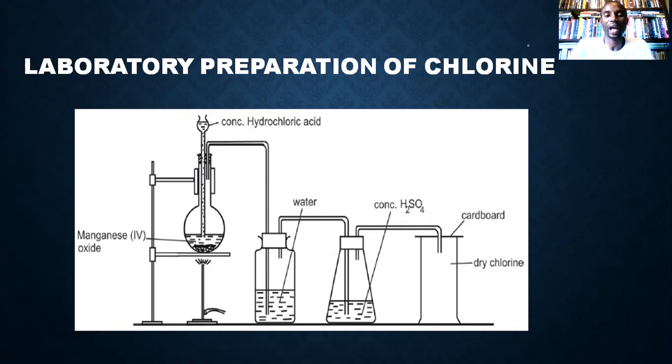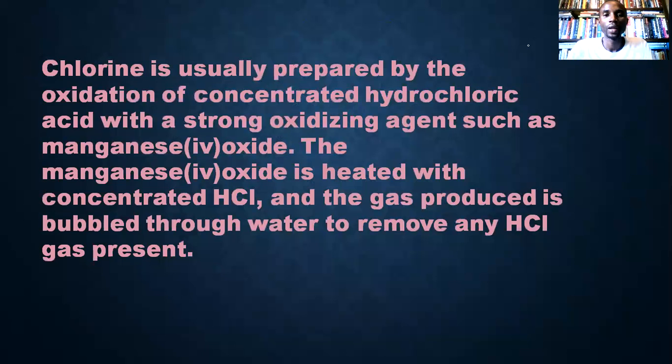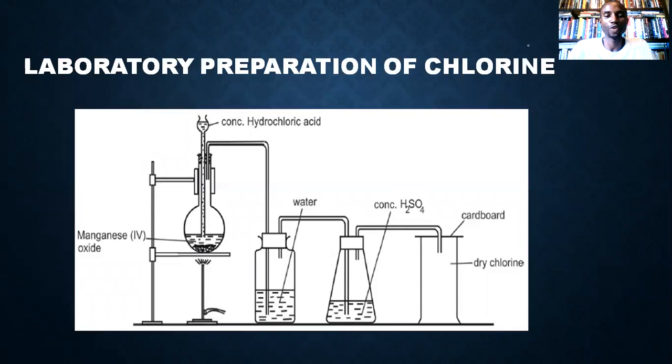So let's get it explained. How is it prepared in the lab? Chlorine is usually prepared by the oxidation of concentrated hydrochloric acid, as we saw there, with a strong oxidizing agent such as manganese oxide. Look at the manganese oxide here, and the hydrochloric acid being poured on it through the thistle funnel.